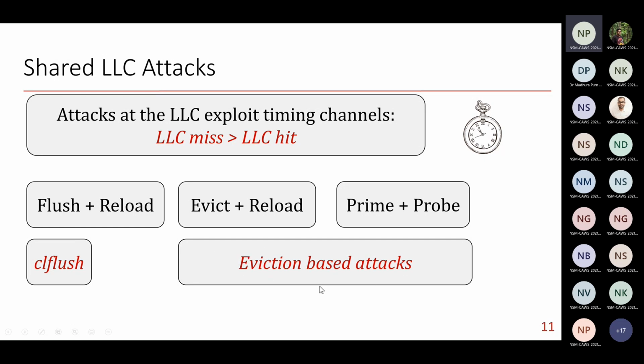It doesn't demand any notion of sharing between attacker and victim. Sharing meaning sharing of OS pages. And what the attacker can simply do is start accessing large arrays which can kick out the blocks of the victim. We will see how. So the keyword is eviction here. And in the previous case, the keyword was flush. Okay.